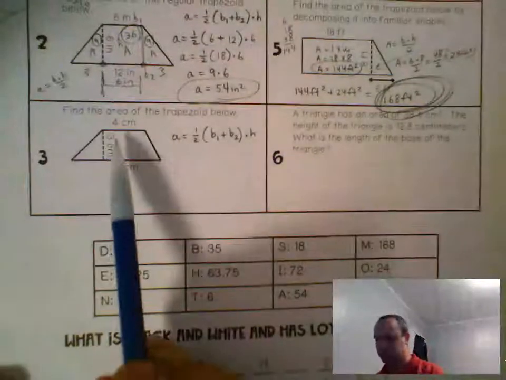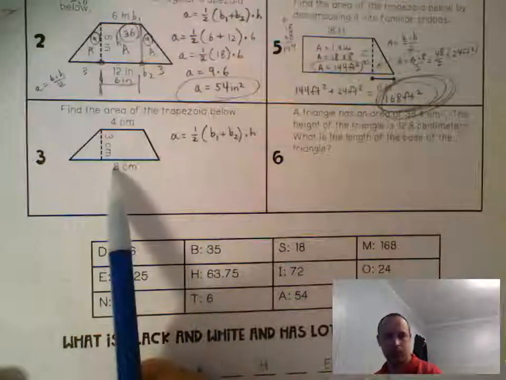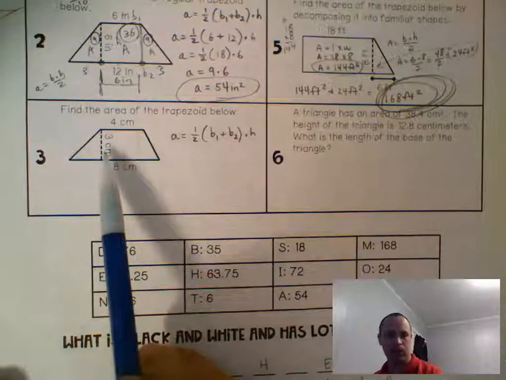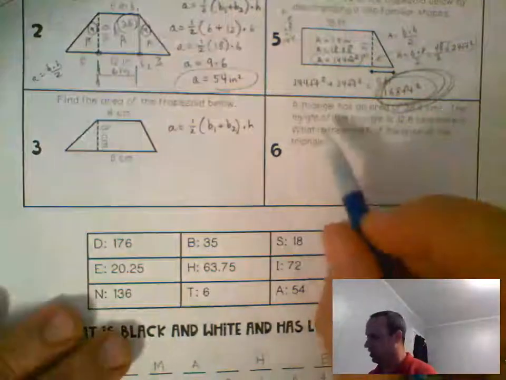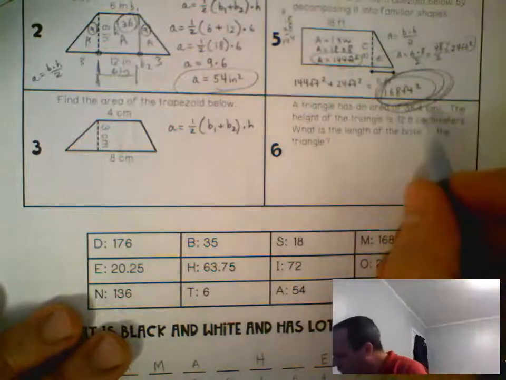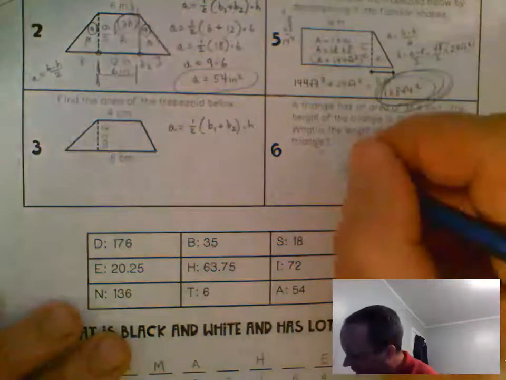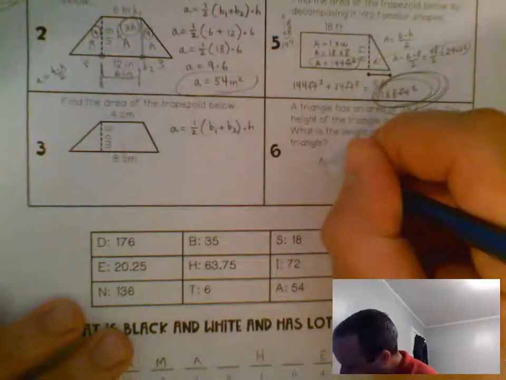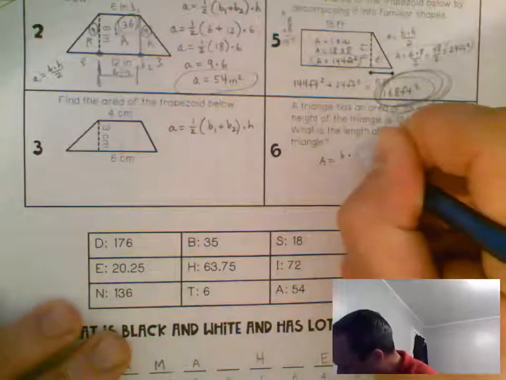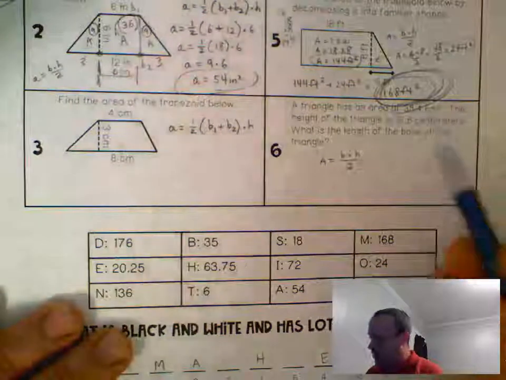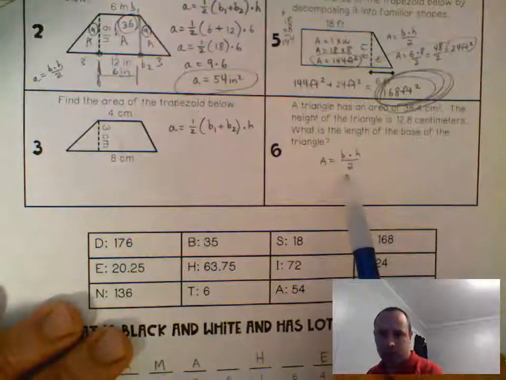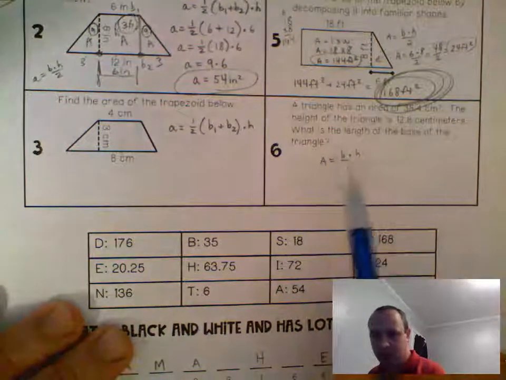Okay. And what you'll do is you'll plug in for B1, you'll plug in 4, right? For B2, you'll plug in 8. And for height, you'll plug in 3. You'll chug that out, see what you get. Let's do number 6 because it's a little tricky. A triangle has an area of 38.4 centimeters squared. So if it's a triangle, we know that this is the formula. But what they're doing is they're giving you this number.